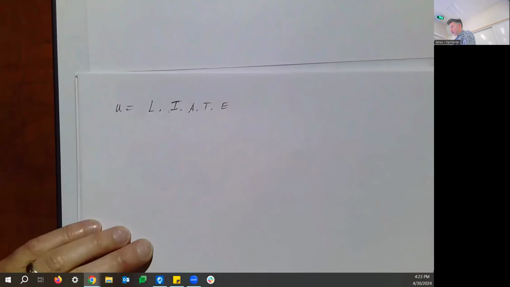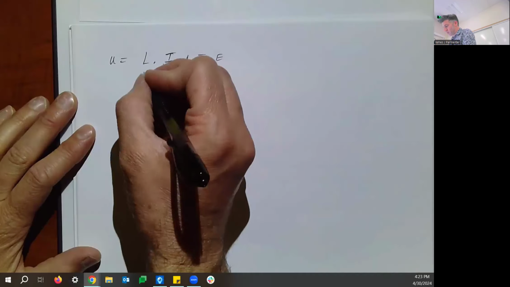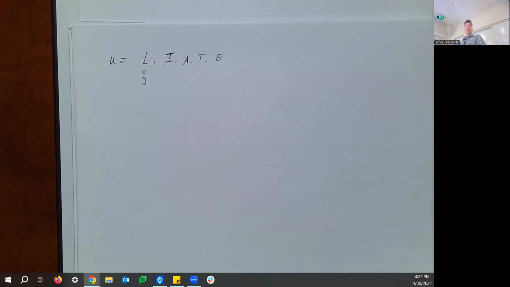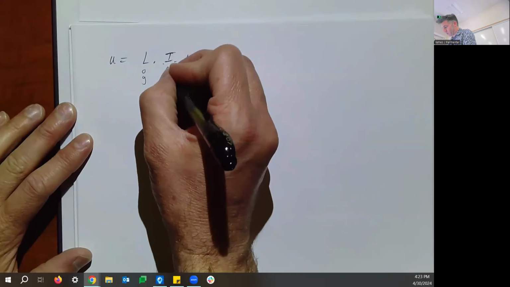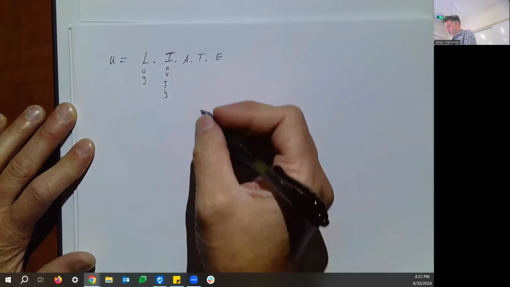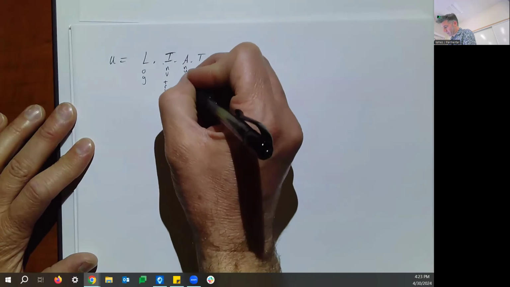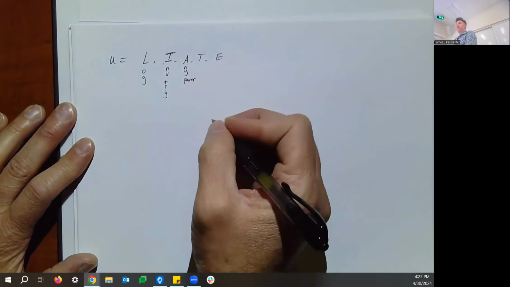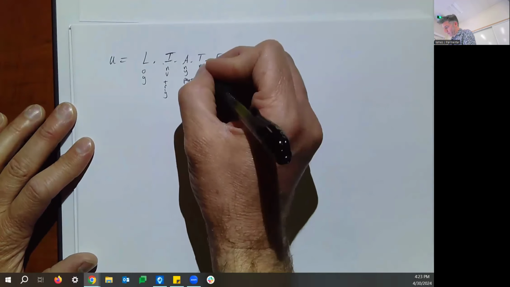So when you're trying integration by parts, if you think it should be integration by parts, first you're going to try and let u equal a logarithmic function if you have one. If you don't have a logarithmic function, you're going to try letting u equal an inverse trig. If you don't have either of those, you try letting u equal any power of x. If you don't have either of those, you try letting u equal the trig function.